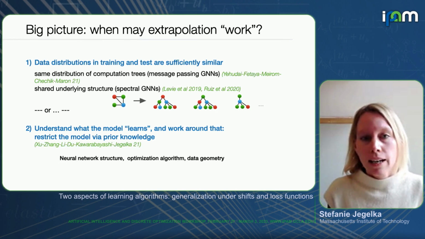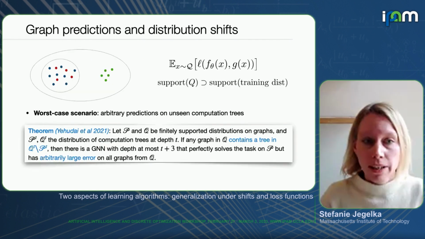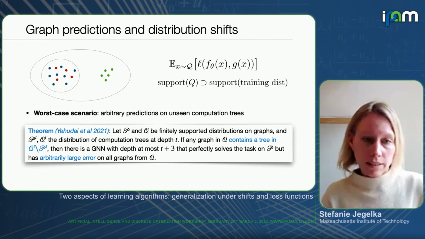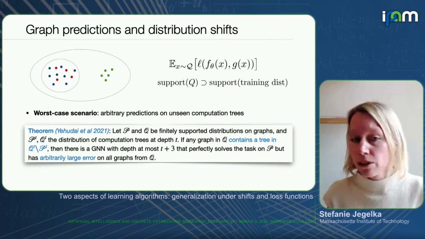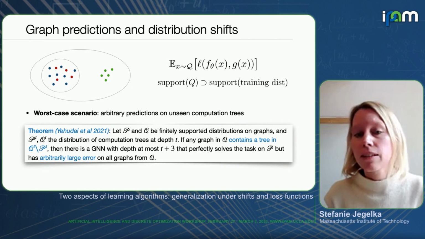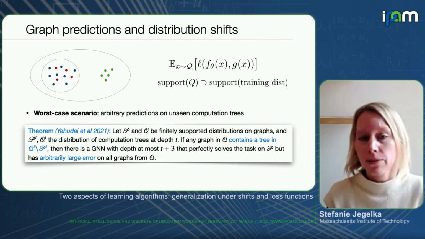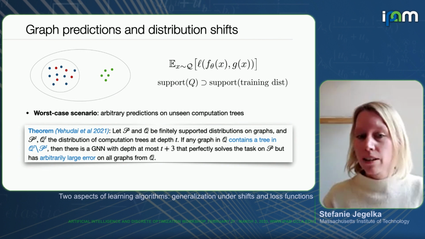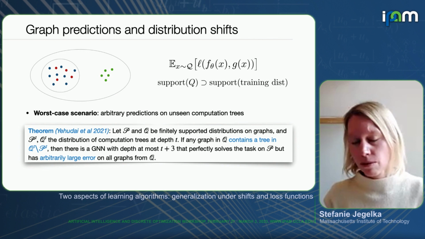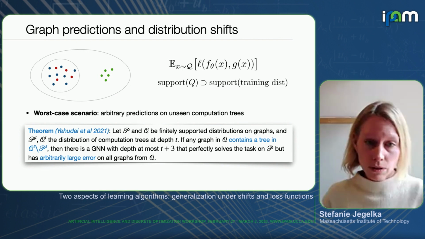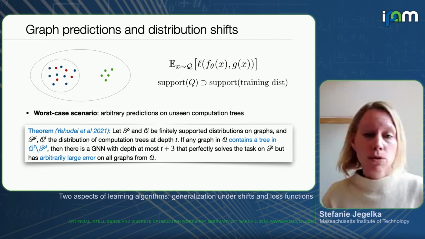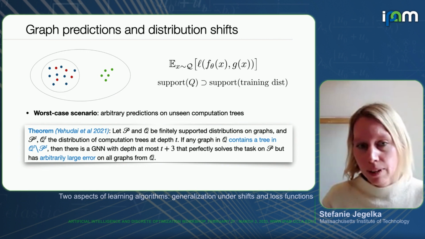And of course, there's ways in which this can fail completely. There's some recent work by Yehuda et al. that shows a worst case scenario. It says basically if I have two distributions of graphs, and in the new distribution Q, each graph has a tree that's not in the graphs of the original training distribution P, then my graph neural network could do arbitrarily badly.